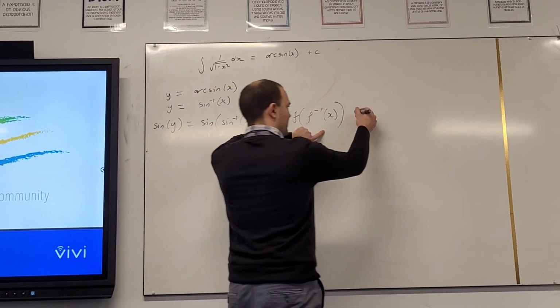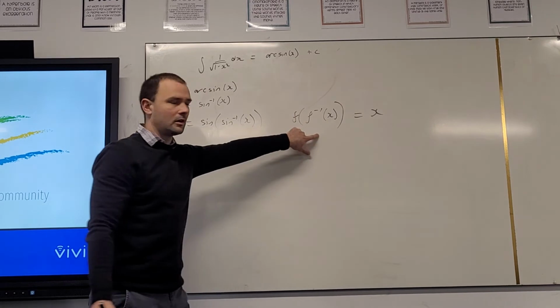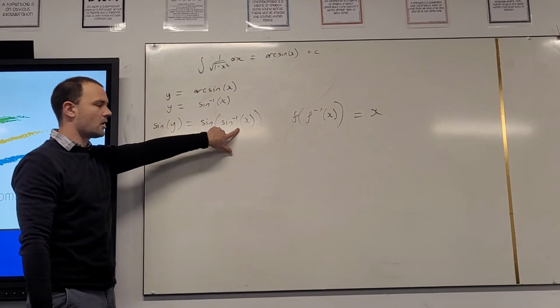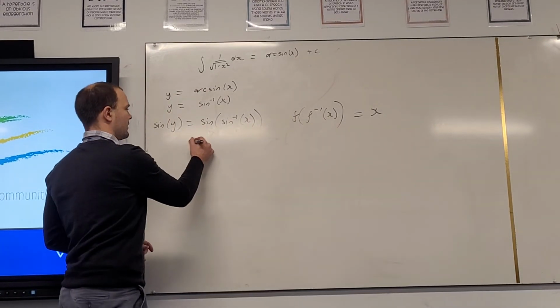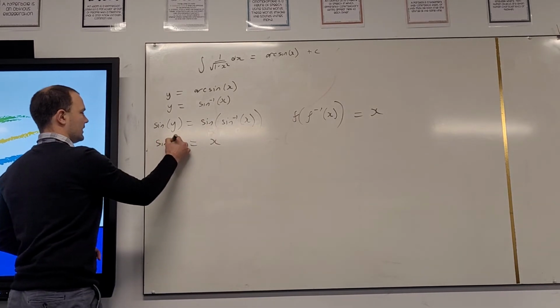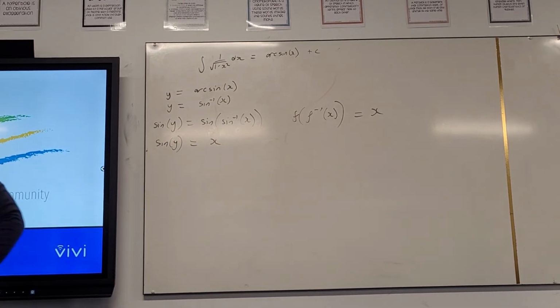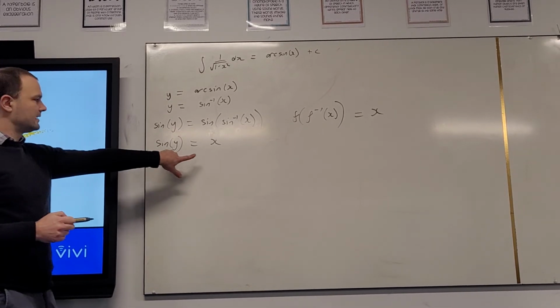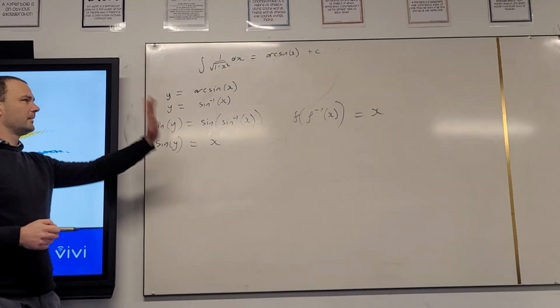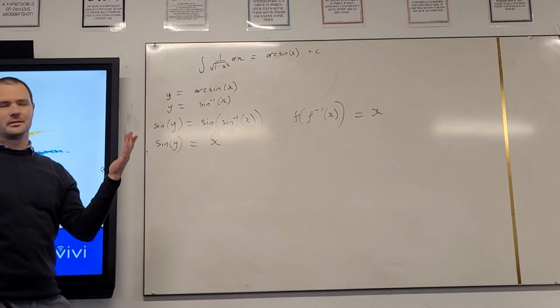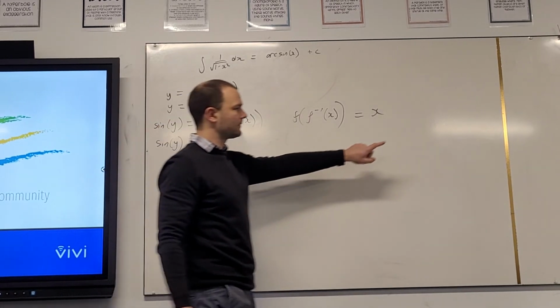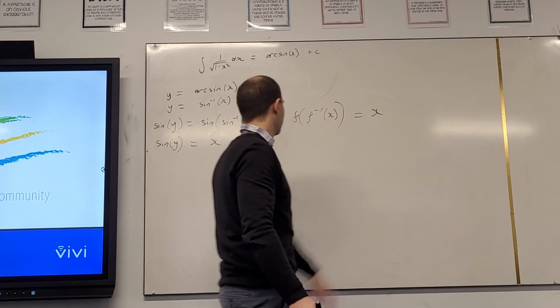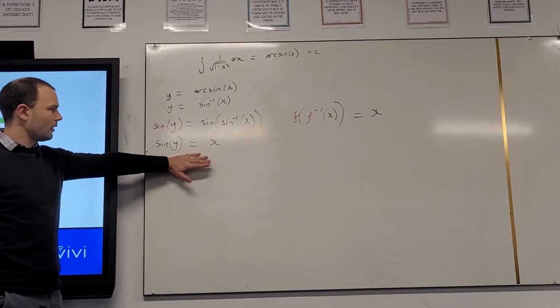X, perfect. This evaluates to x. So this side becomes x, and this side is y. Alright, so that's the definition of the inverse function, right? We've flipped the variables around. Remember on our graph, we swapped the x and y values. Okay, so we've got that statement.